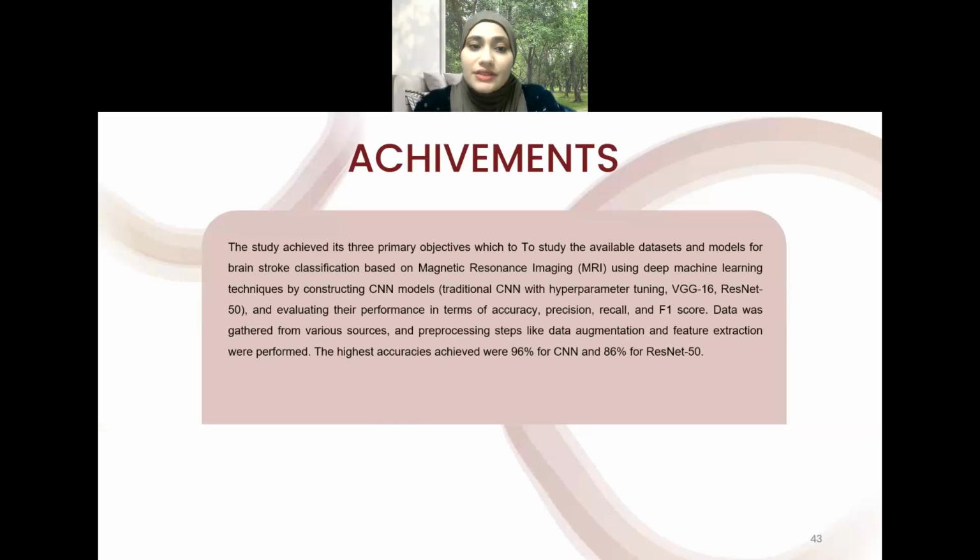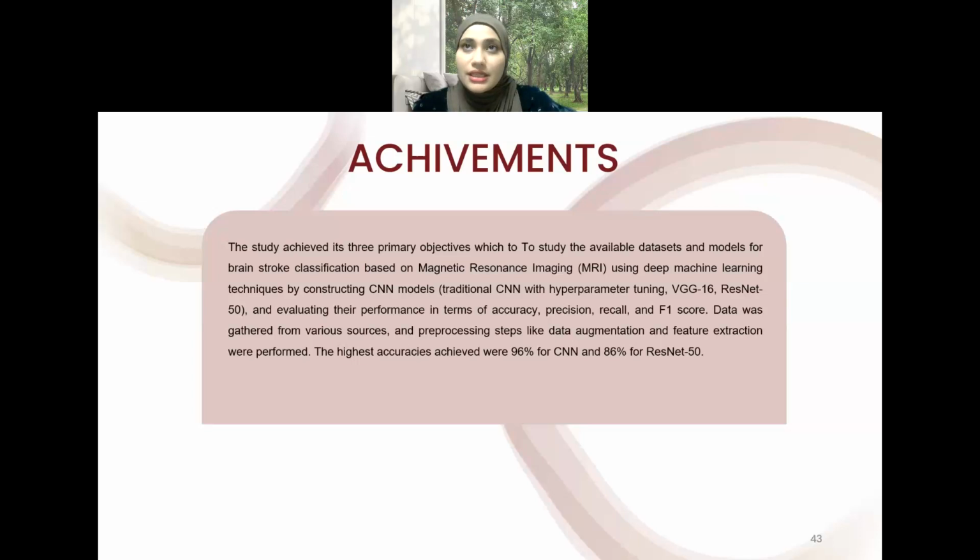The study achieved its 3 primary objectives, where the first one is to study the available datasets and models for brain stroke classification based on MRI using deep machine learning techniques by constructing CNN models, where we have learned basic CNN, traditional CNN, and we also did the hyperparameter tuning in CNN neural networks.